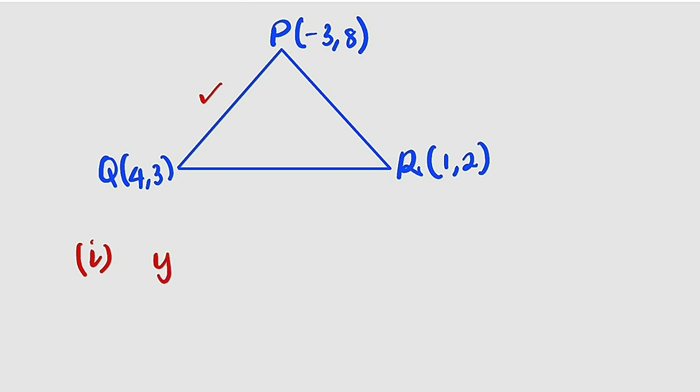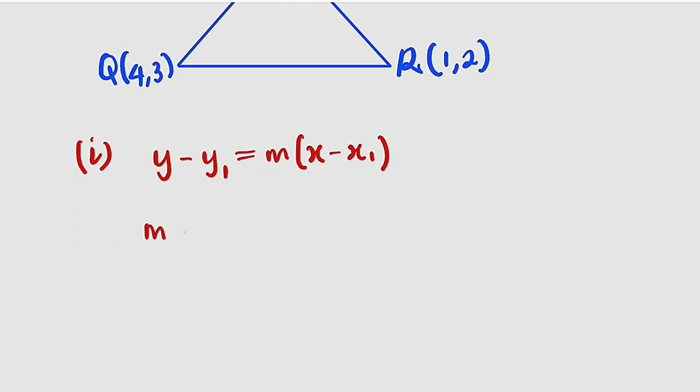So we have y minus y1 equals m multiplied by x minus x1. But we have to find m, which is the slope. So m is equal to y2 minus y1 divided by x2 minus x1.